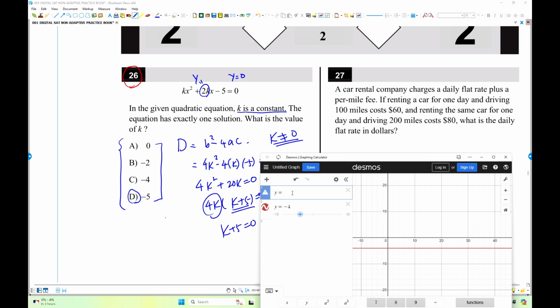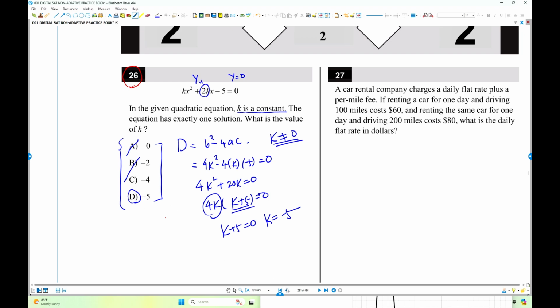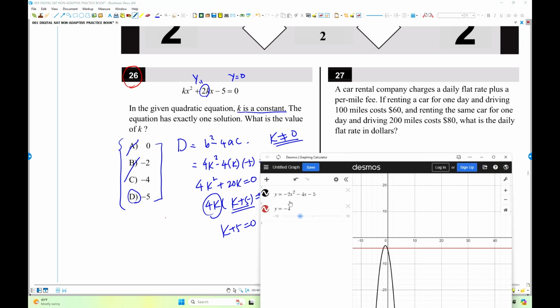Negative 2 x squared, and 2k with k equal to negative 2 is negative 4, so negative 4x and minus 5. But there are 2 intersections, right? So that's not a solution. This is out. Put in negative 4. The other one is negative 4 times 2, which is negative 8, and minus 5.